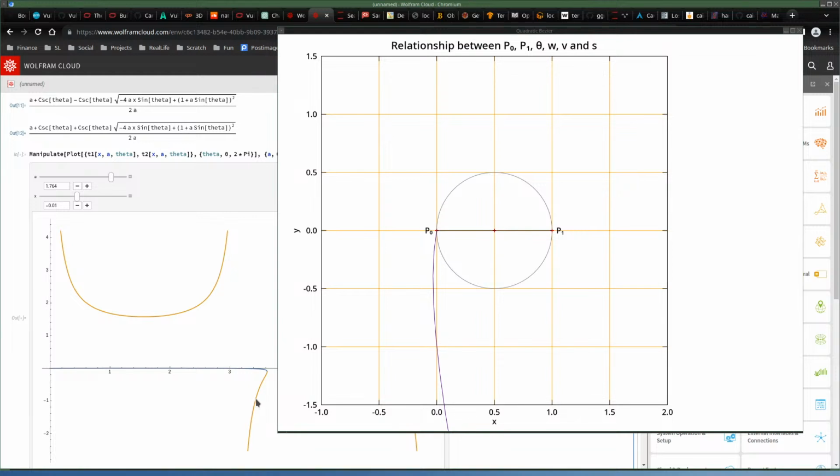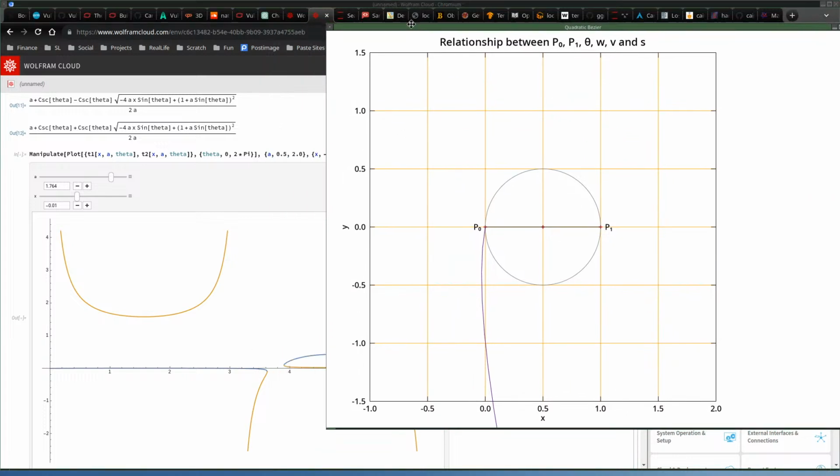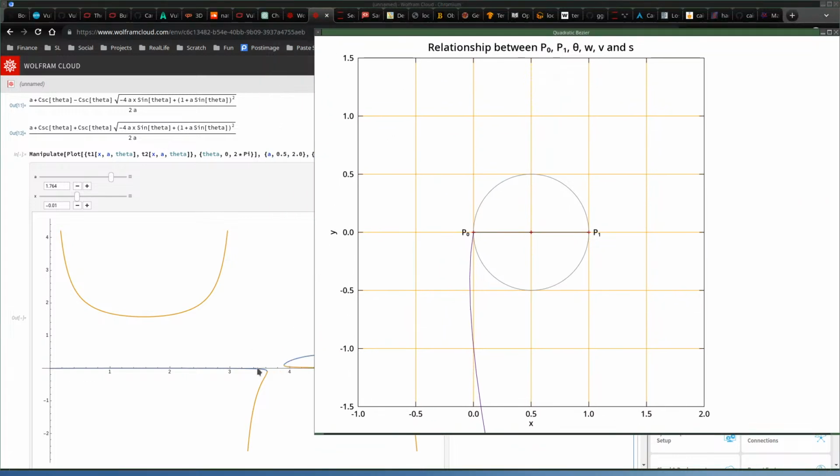I don't know. From the looks of it, I would say -1 is more close to 3.45, really. I don't know. Doesn't really match.